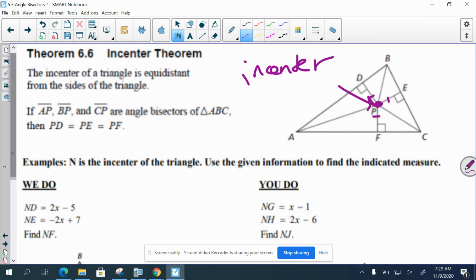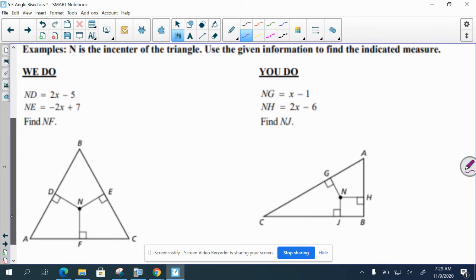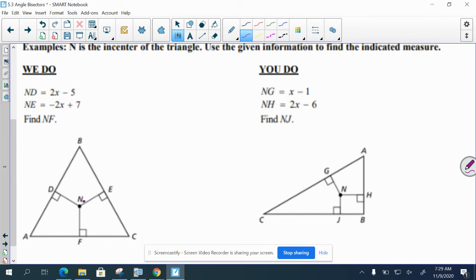Okay, and then just some examples here, just seeing what's congruent. So here you know that this is an incenter because I think it tells you that it's an incenter. Therefore, these sides here that are perpendicular, they're equidistant, and you would just set them equal to each other and solve for x. All right, there's nothing much more to that question.